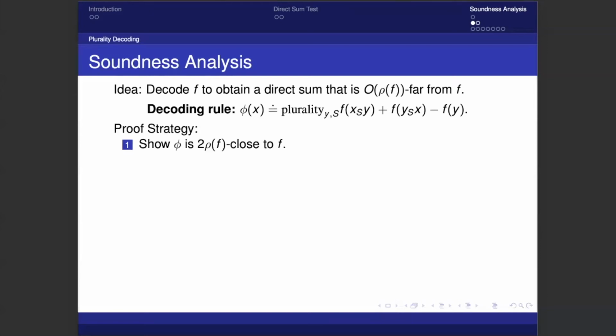And what we'd like is for phi to be order rho of f close to f. And this is easy to show using Markov's inequality. And in an ideal world, we'd like phi to be a direct sum.